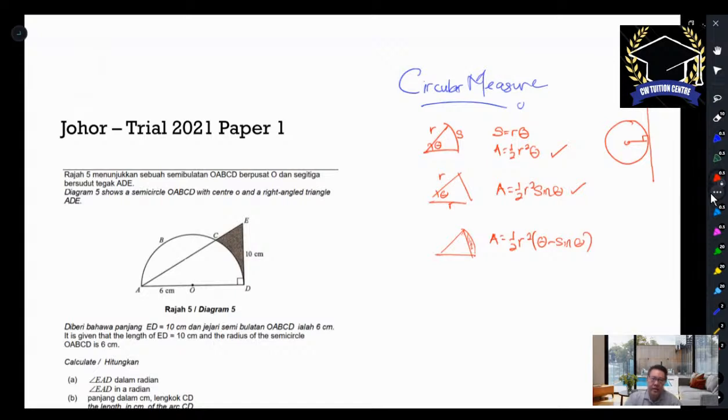And another thing that you need to know is, if a circle is inscribed with an equilateral triangle, it will be 60 degree. 60 degree is pi over 3 radian. So this few information you will use in the exam.